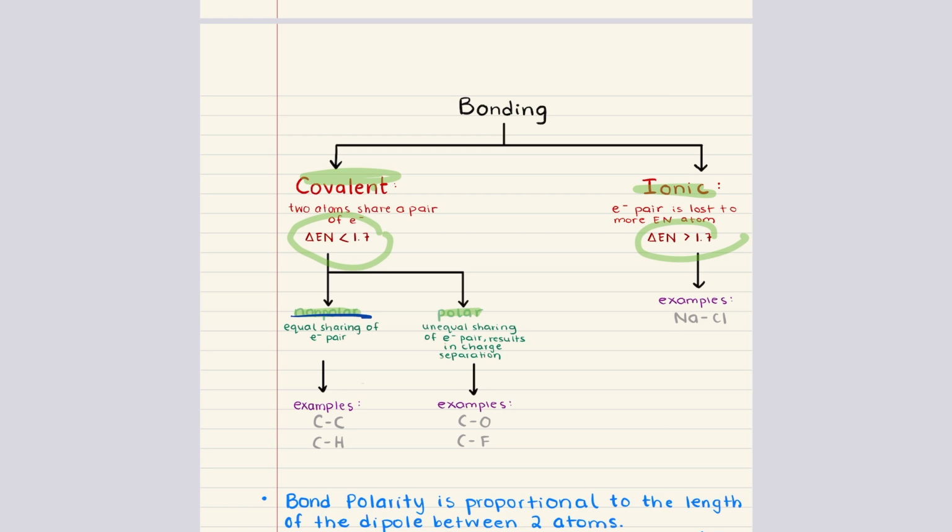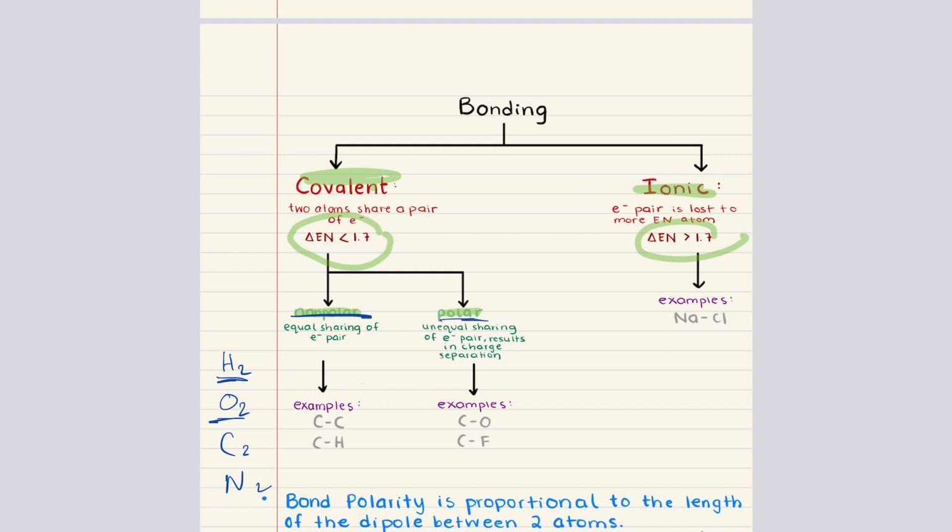This happens when the bonded atoms have similar or identical electronegativities. One prime example is diatomic molecules like H2 or O2 or C2 or N2. The electronegativity difference in these bonded atoms is equal to 0, so they are all nonpolar covalent bonds.